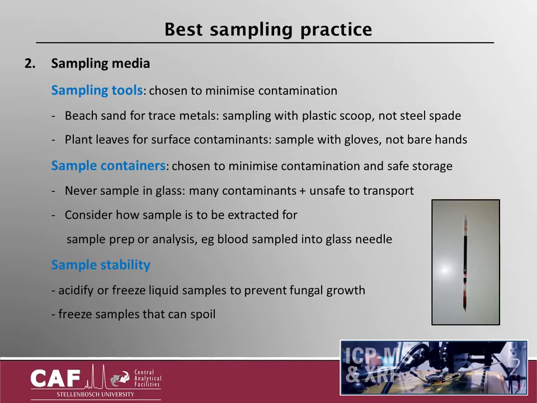For instance, you might sample a blood sample of some animal into a glass needle, but to get the blood out of the glass needle is not so easy. An alternative would be to rather store it in small 1.5 ml epi tubes, as it's easy to pipette it for further processing. You also have to consider sample stability.